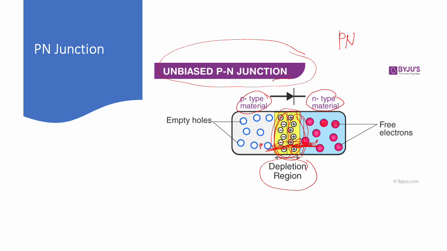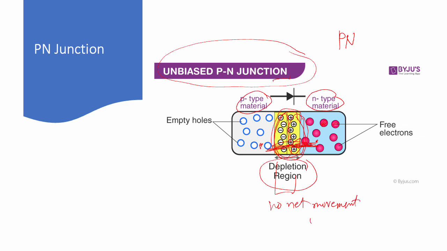Eventually, an equilibrium is reached where the rate of electron-hole recombination in the depletion region equals the rate of carrier diffusion. At this point, no net movement of charge carriers occurs across the junction.